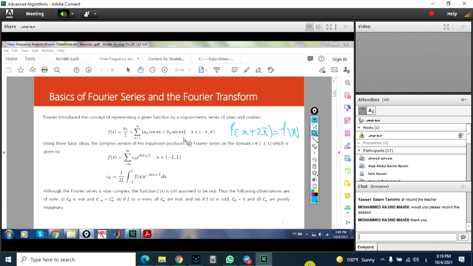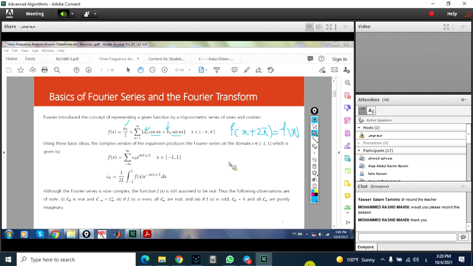If you pay attention to this equation, you see that this periodic function of cosine and sine has some coefficients, and we can calculate them.